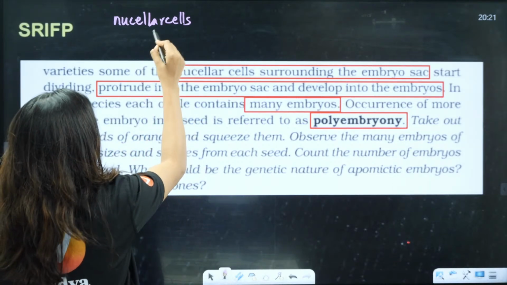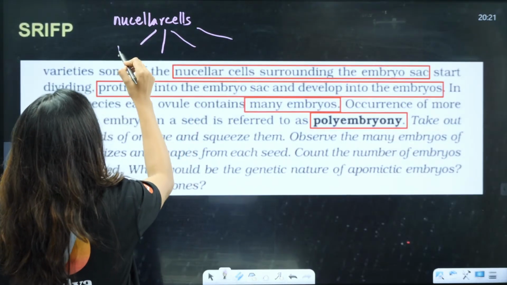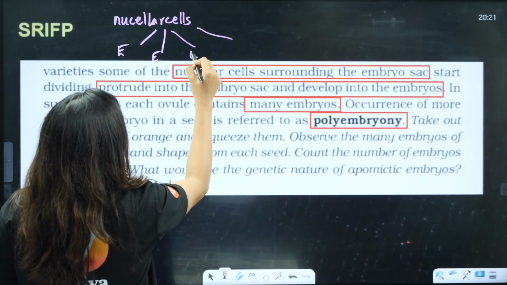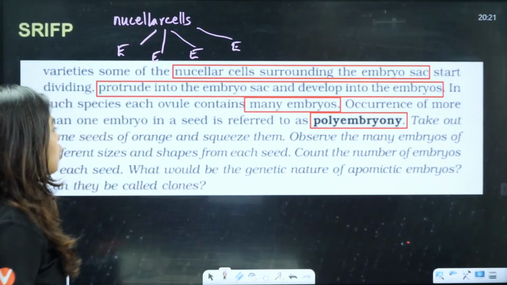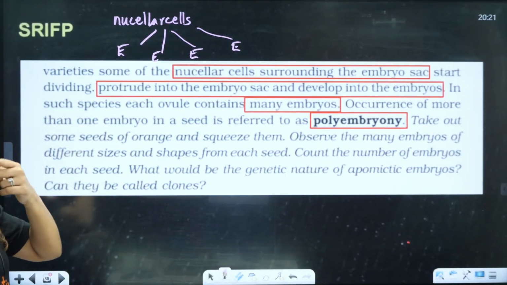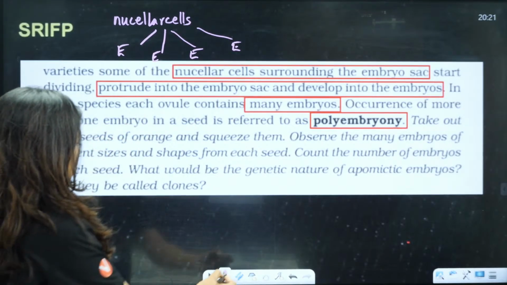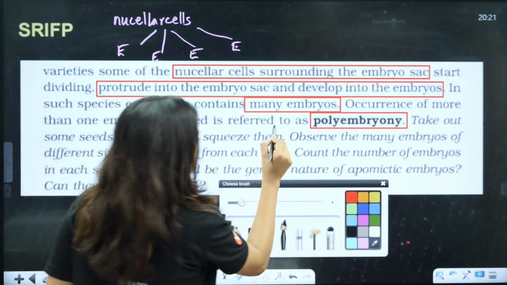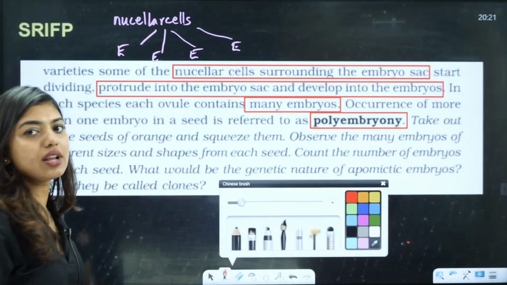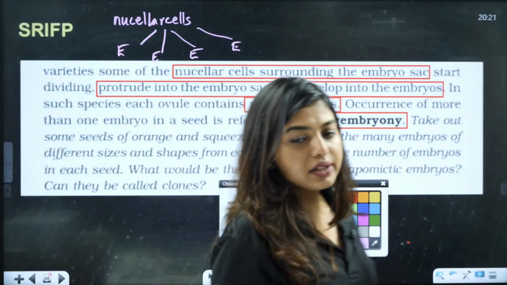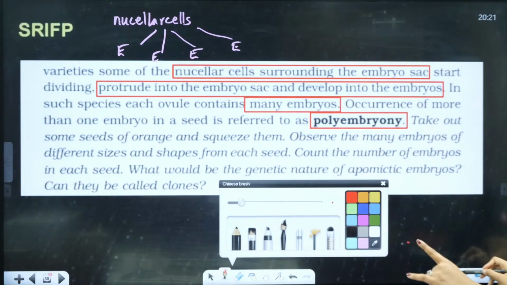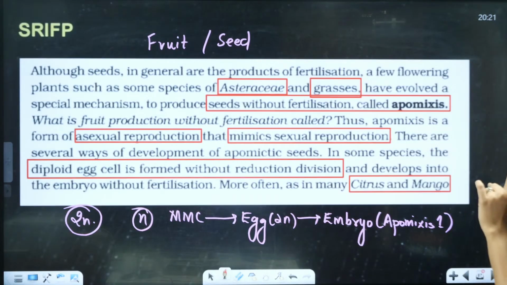One by one, all these nucellar cells start forming embryos, so each ovule contains many embryos. Occurrence of more than one embryo in a seed leads to polyembryony, which you see in citrus and mango. So polyembryony, apomixis, parthenocarpy.